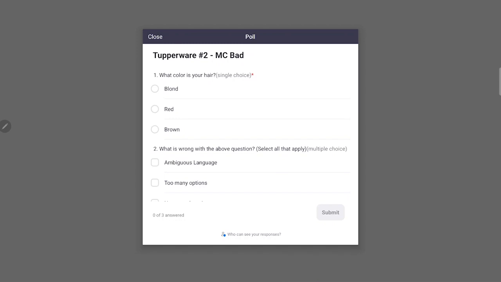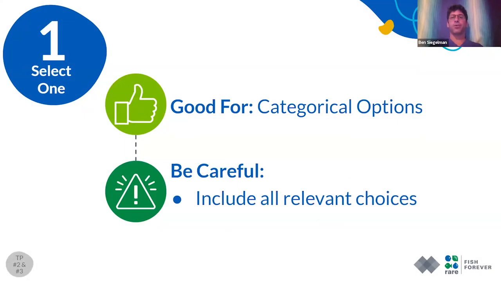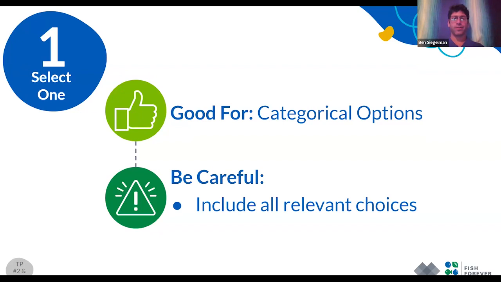You're kind of in trouble here. You have to pick a choice, right? What if you have black hair? What if you have gray hair? So one of the big mistakes we can make here is not including all relevant choices. And then we force people to answer in a way that's just not true, and our answers are no longer accurate. So that can be a big problem.